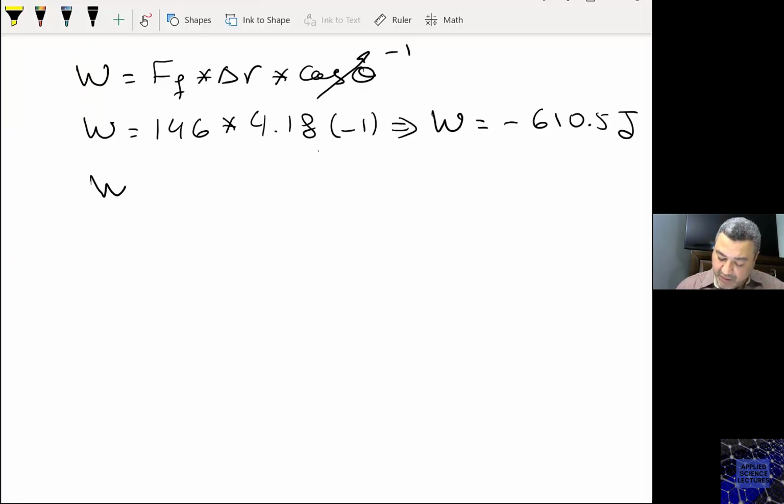So W equals delta K, or W equals EKF minus EKI.